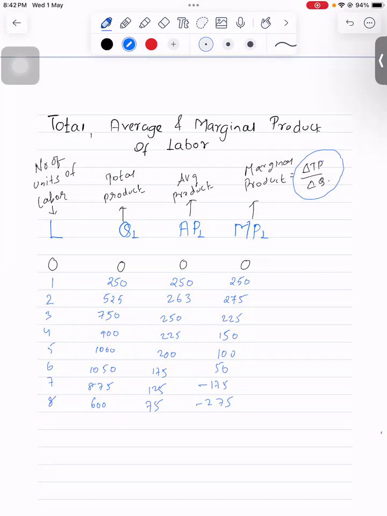So please confirm, are you guys getting these numbers? Shall we move further? Everyone getting these numbers?